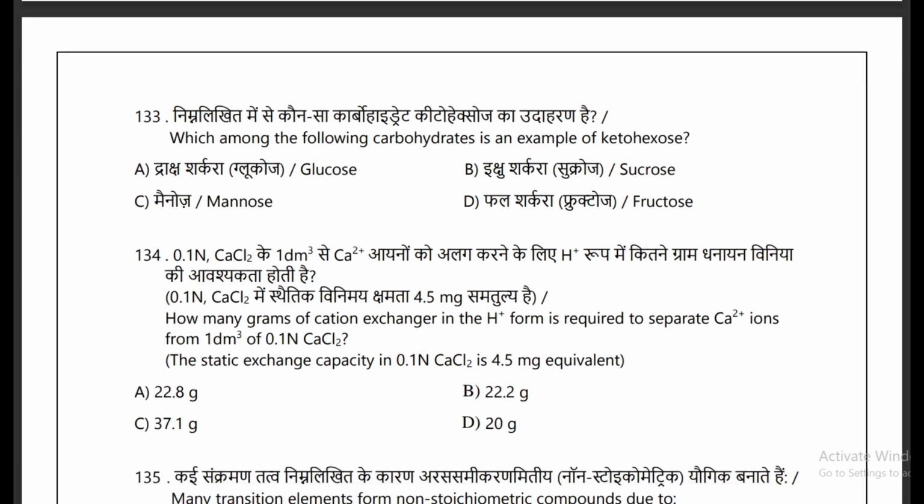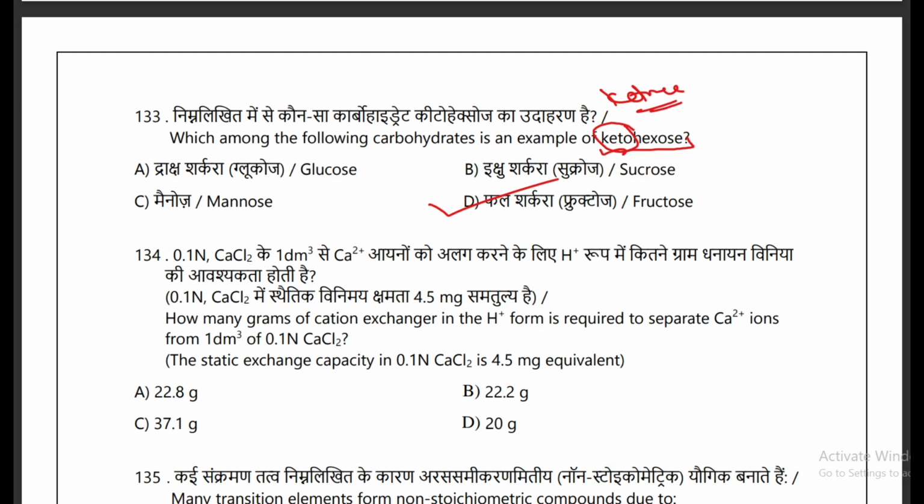In the next question, which among the following carbohydrates is an example of ketohexose? Out of four options, D option, which is fructose, is your correct answer, because it involves a keto group, which is a ketone group, in its structure.